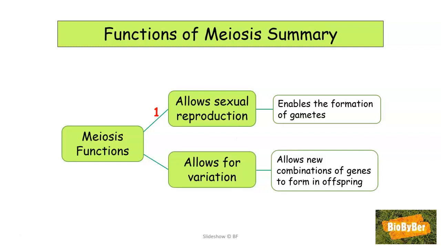It allows sexual reproduction to take place because it enables the formation of gametes, of eggs and sperms with the haploid number of chromosomes, and it allows for variation in the offspring, new combinations of genes to be found in the offspring, and this variation comes about due to the process of crossing over.